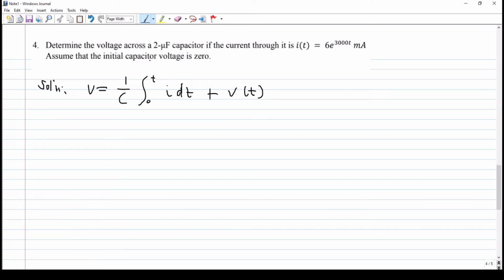So we have the given capacitance, 2 microfarad, and then the current also. Okay, so substitute the value. 1 over 2 times 10 to the power negative 6 integral of 0 to t, and then 6 e to the power 3000 t.